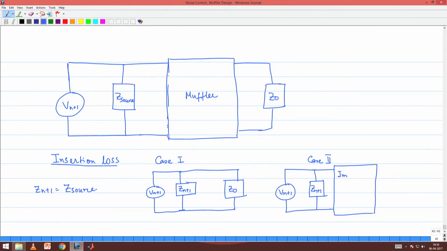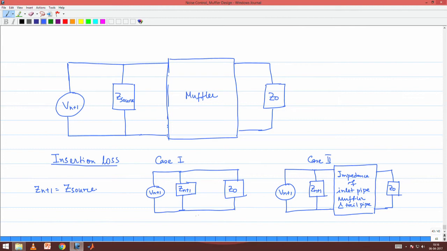So, impedance of inlet pipe, muffler and tailpipe, all of it goes in this box, and finally it comes out through the radiation impedance.